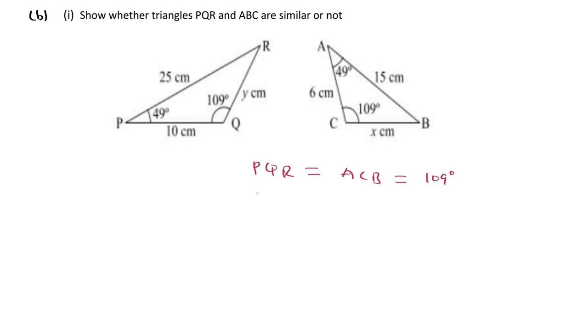And also angle RPQ equals angle BAC, which equals 49. And angle PRQ and angle ABC are the third angles of the triangles, then they must also be equal. Therefore, this shows that the triangles are similar by the AAA theorem.